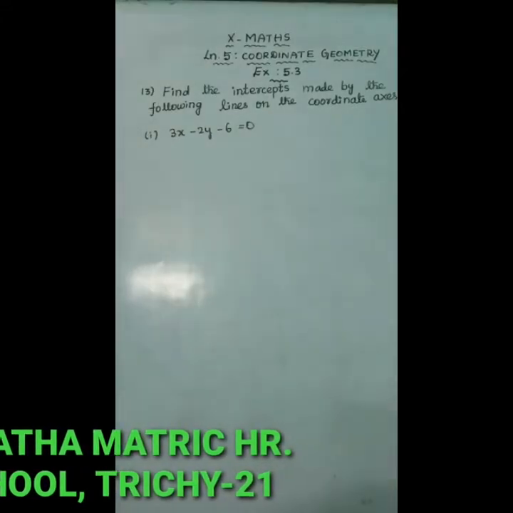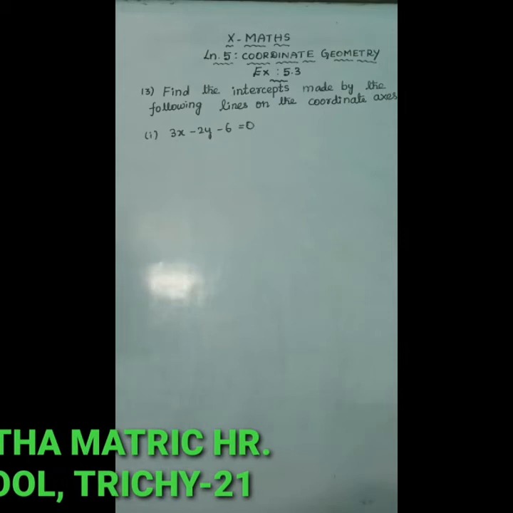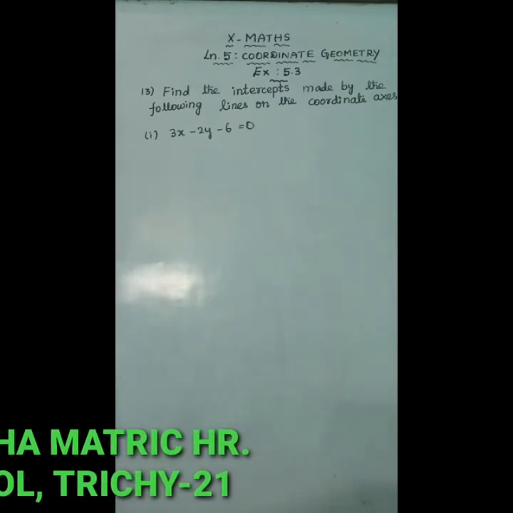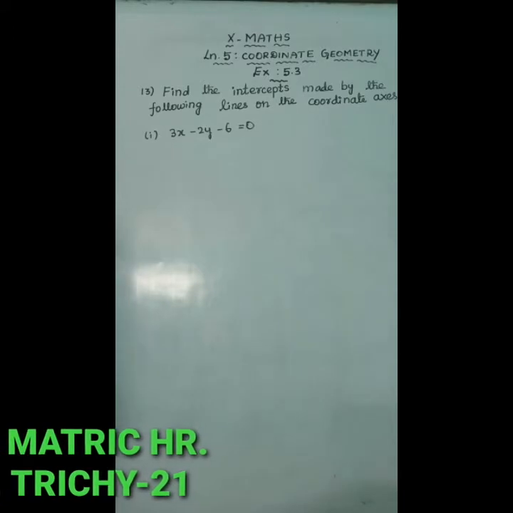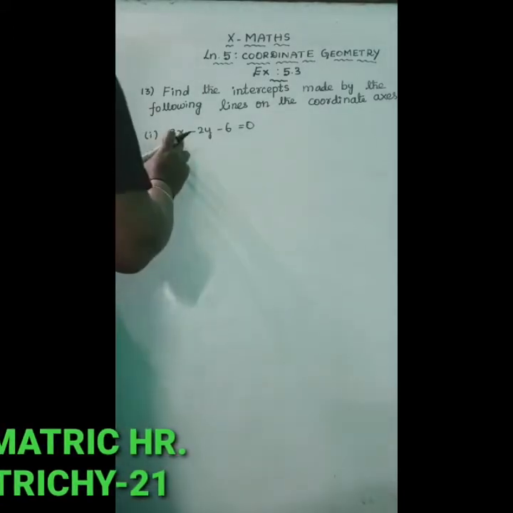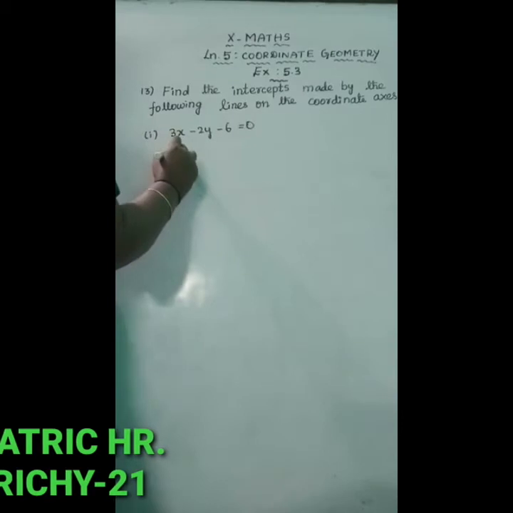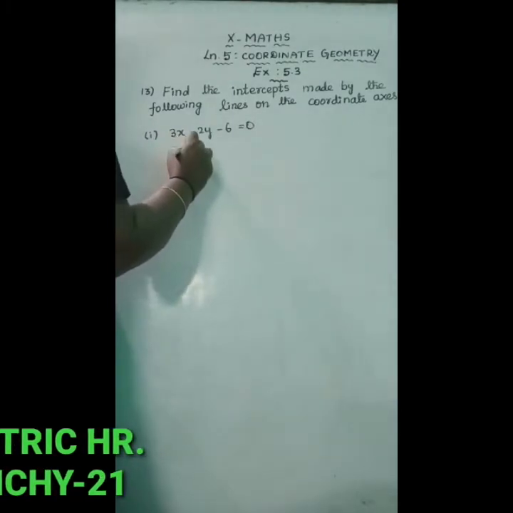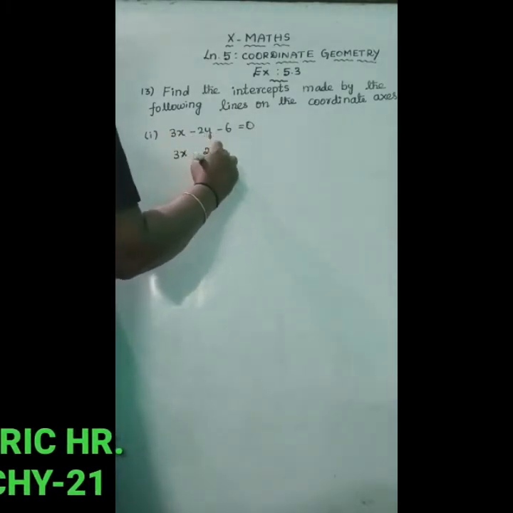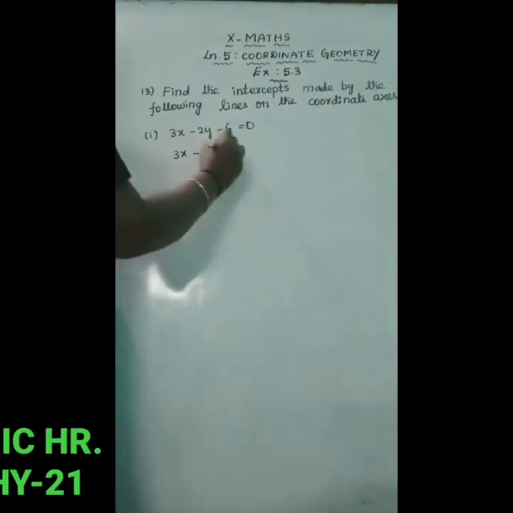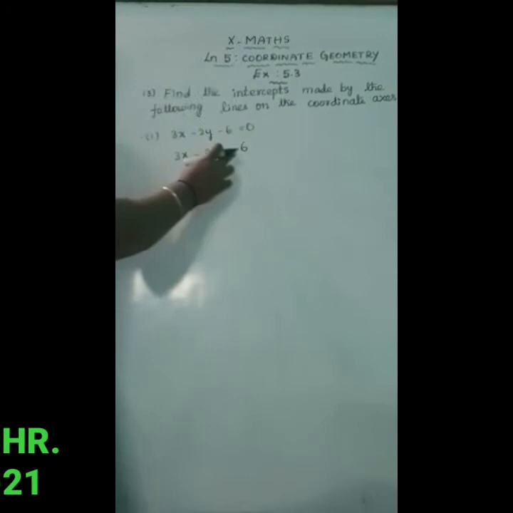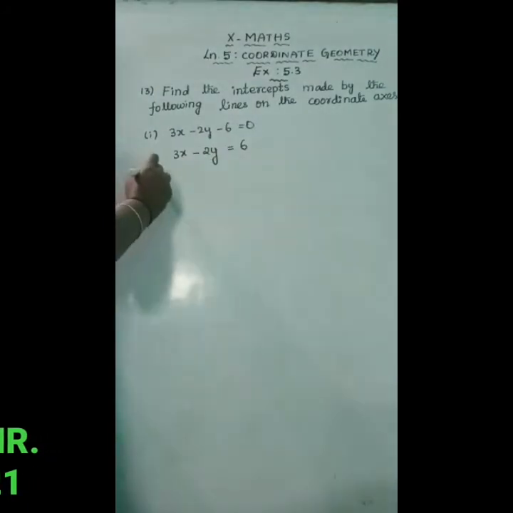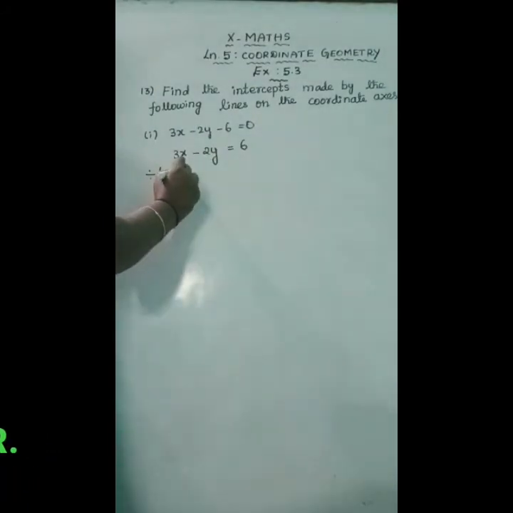So on the 13th one, find the intercepts made by the following lines on the coordinate axis. So the equations of the lines are given, so we find the intercepts. So first we write the solution. The first line is 3x minus 2y. So the constant term is moved to the right hand side. We have plus 6. So here on the right hand side we have 6. So divided by 6 on both sides.